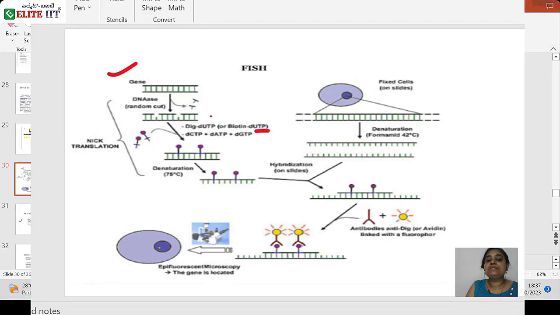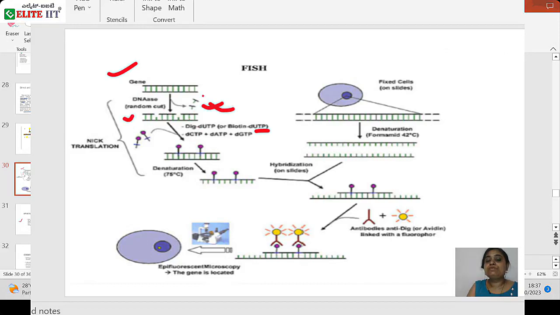Now, in order to do that, what is happening? To this double stranded small fragment, DNase is given so that a few T regions can be removed. It is given for specific region removal, or a few other sequences may also be deleted. Mostly single stranded degradation is happening here.